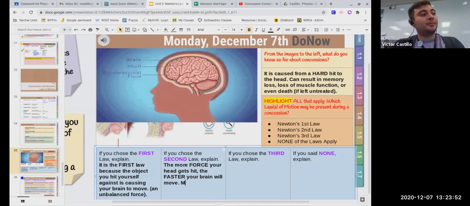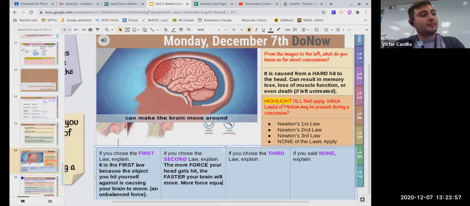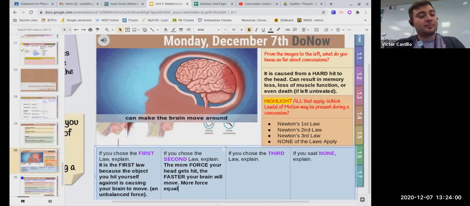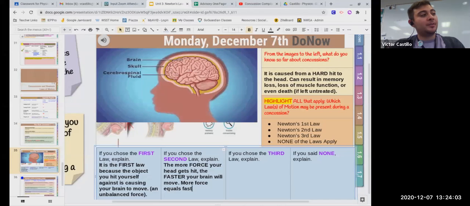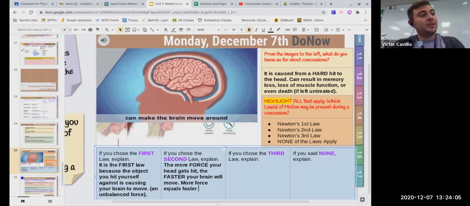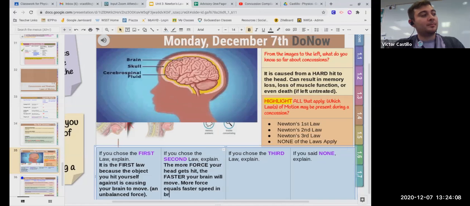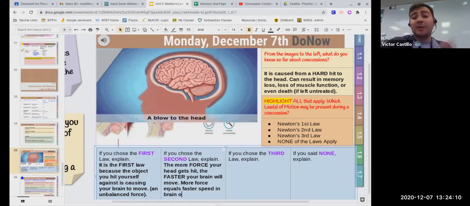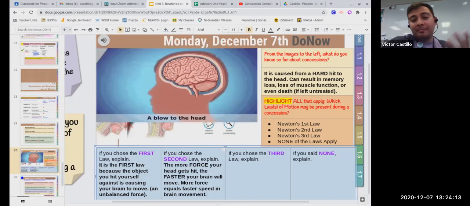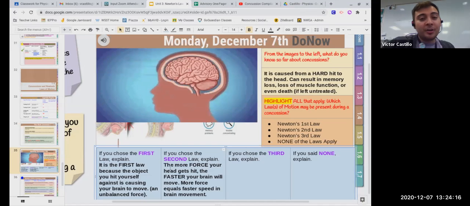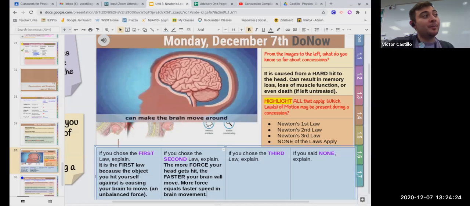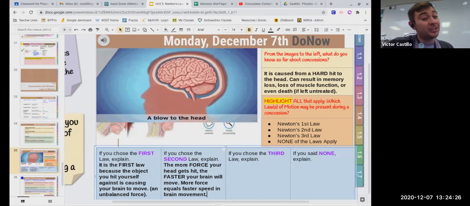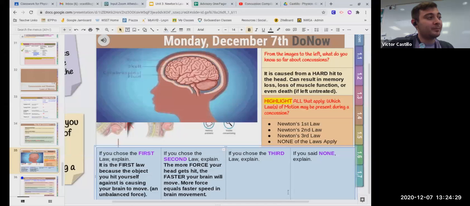So more force equals faster speed. Okay, of course. It seems the assumption is force equals mass times acceleration. Pretty standard. The harder you hit something, the more it's going to move, right? The faster it's going to go. So the more force you put on the head, the quicker the brain will move, which is a very bad thing, very bad thing.